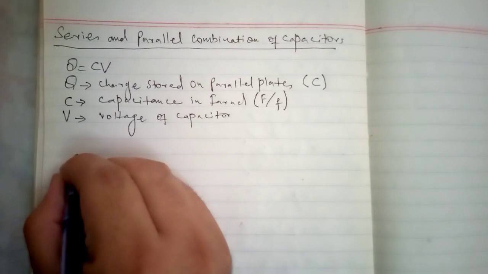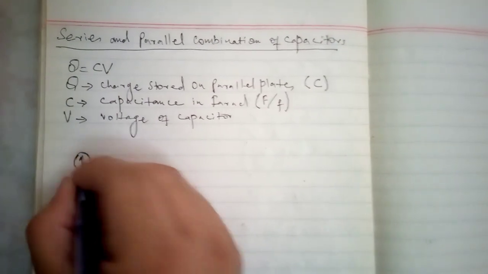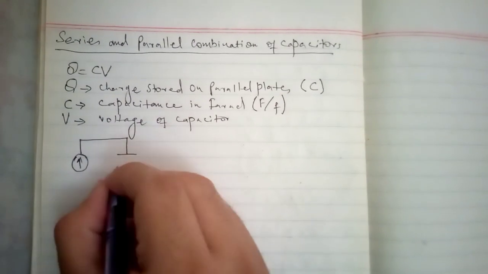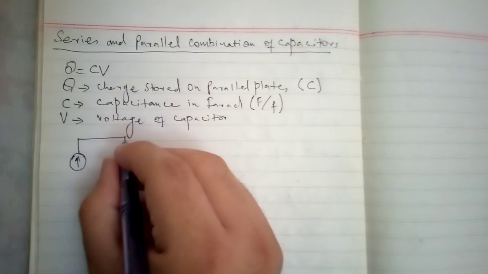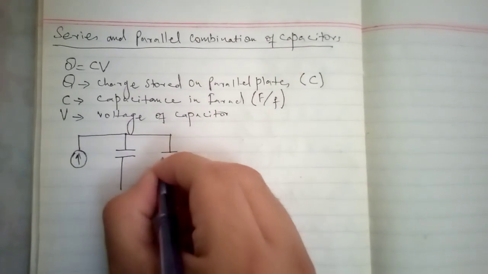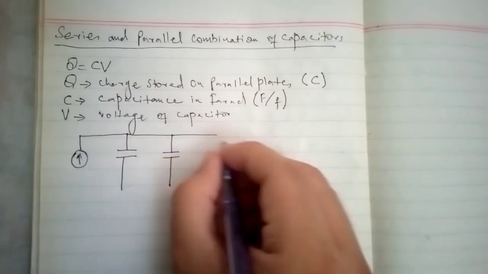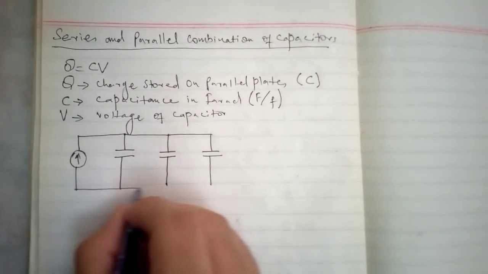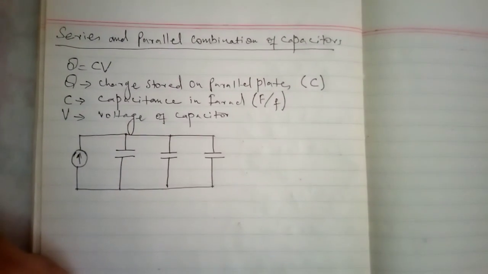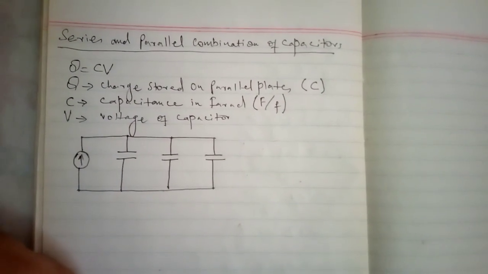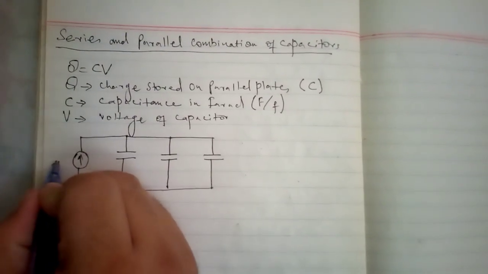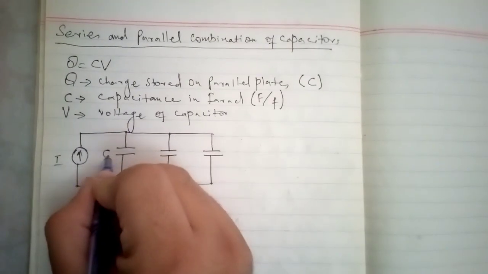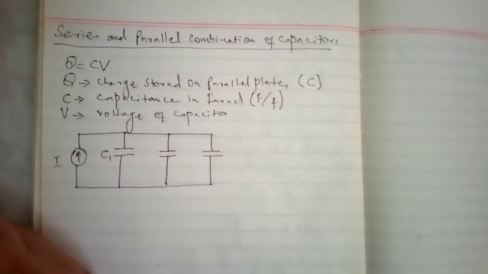Now, if for example 3 capacitors I take and connect them in parallel, this is a current source which is providing current to this capacitor C1.